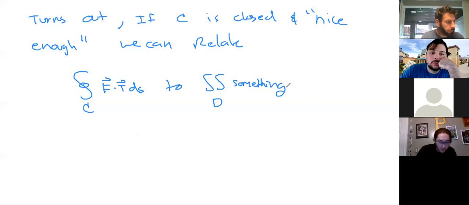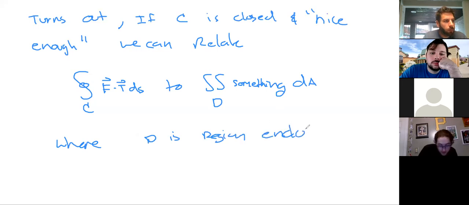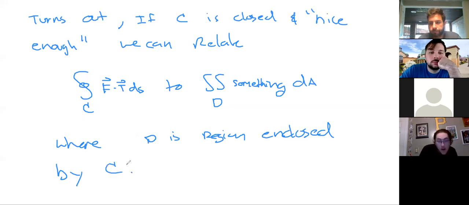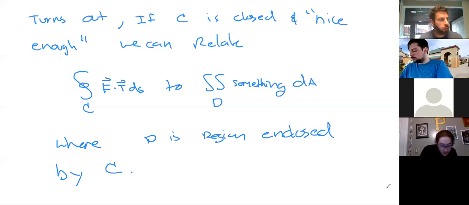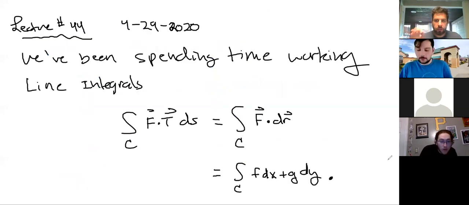Where D is the region enclosed by the curve. So if we draw a picture of that, oh, by the way, let me go back to the first page. It should be noted in this particular section today, we're only talking about R2.